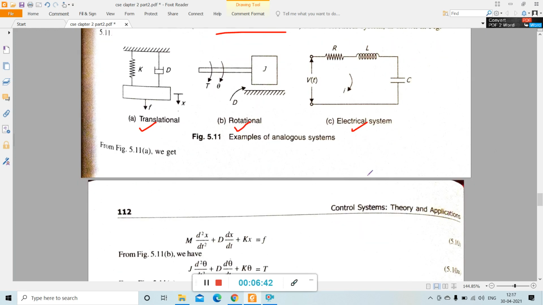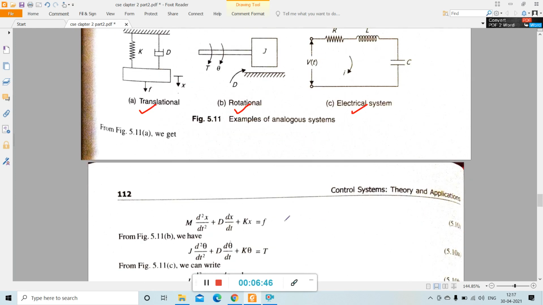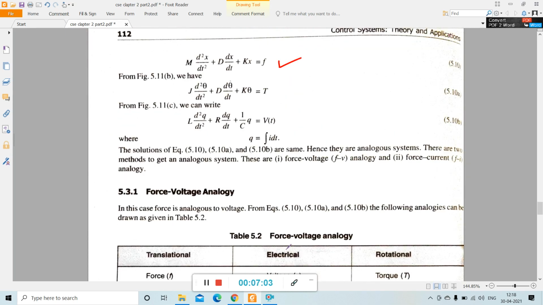For the translational motion system, this is the force equation: m d square x by dt square plus D dx by dt plus kx is equal to F. For the rotational motion system, J d square theta by dt square plus D d theta by dt plus k theta is equal to T. Similarly for the electrical system, V is equal to L d square q by dt square plus R dq by dt plus 1 by C q, where q is equal to integration I dt, or you can write I equal to dq by dt.